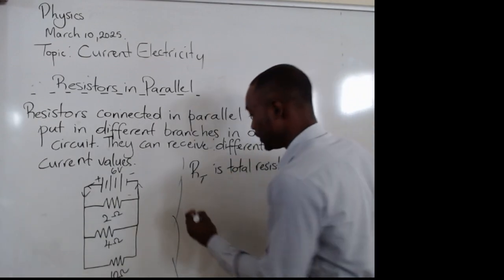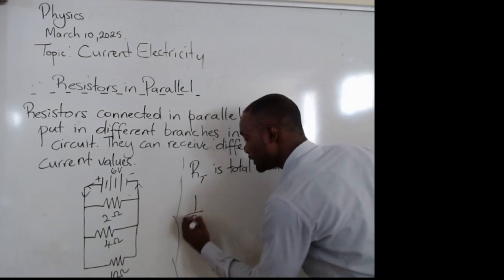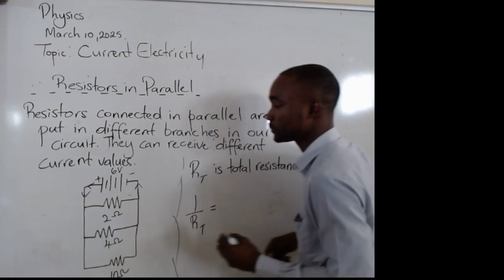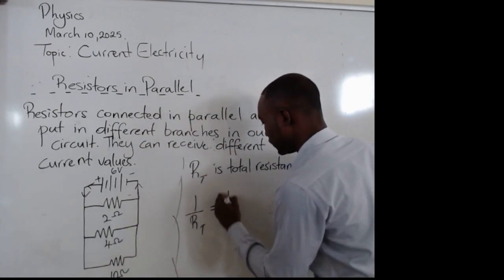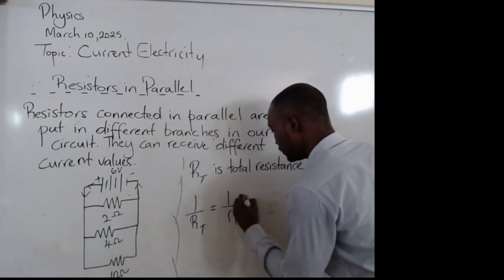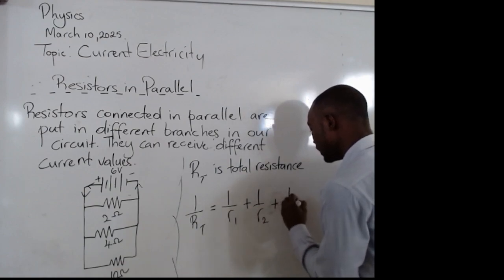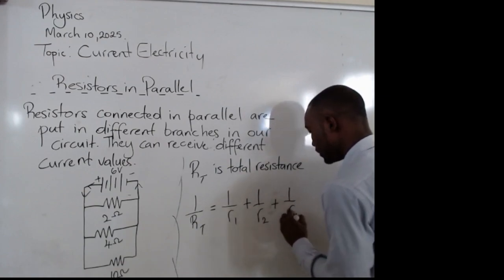Now, this is the formula. 1 over RT is equal to 1 over R1 plus 1 over R2 plus 1 over R3.